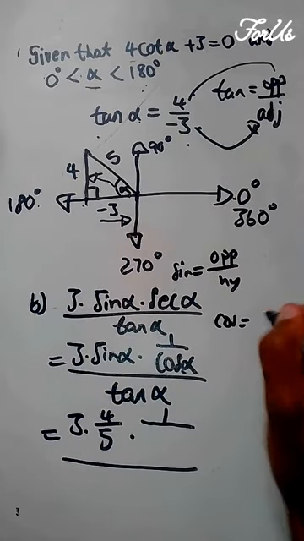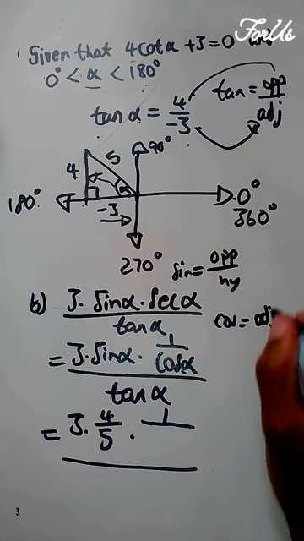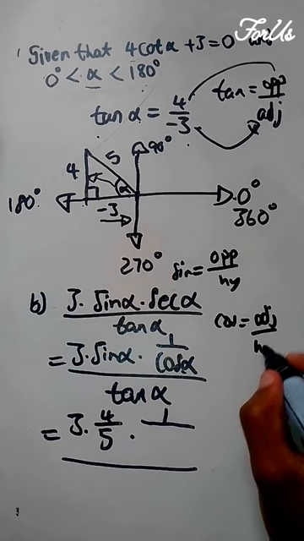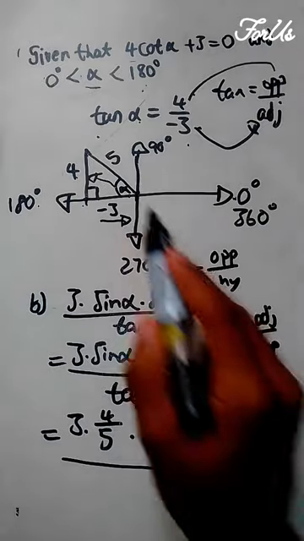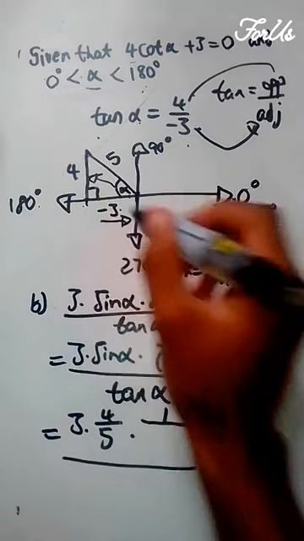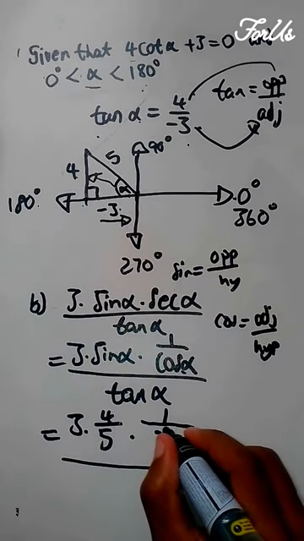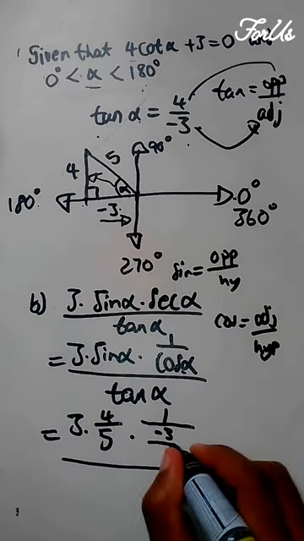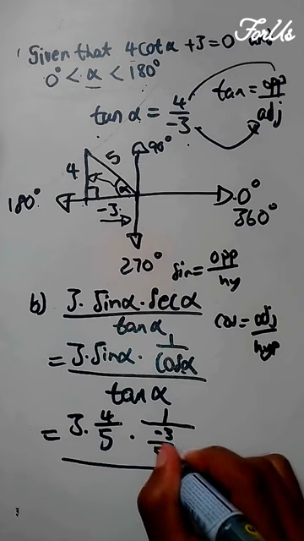Cos is adjacent over hypotenuse, and the adjacent here is negative 3, divided by the hypotenuse we calculated, which is 5.